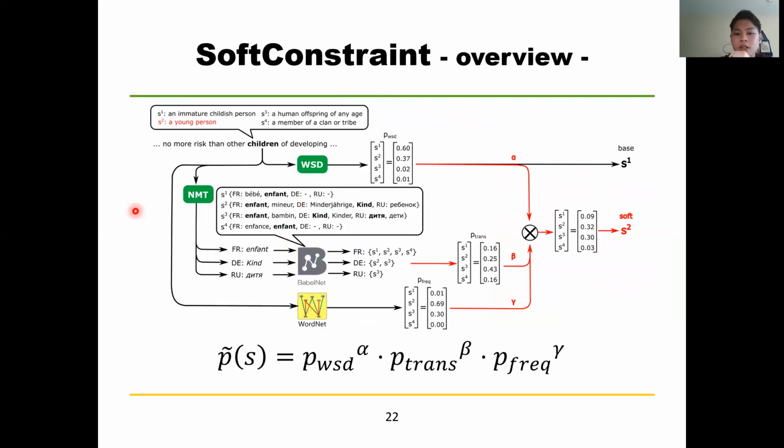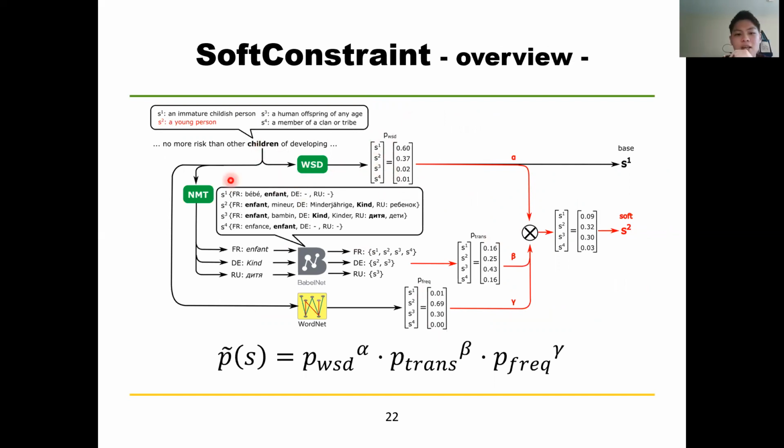This figure exemplifies how SoftConstraint works. SoftConstraint is composed of three different information sources. The first information comes from the base WSD system. It makes a prediction for each sense with some kind of score, like probabilities.